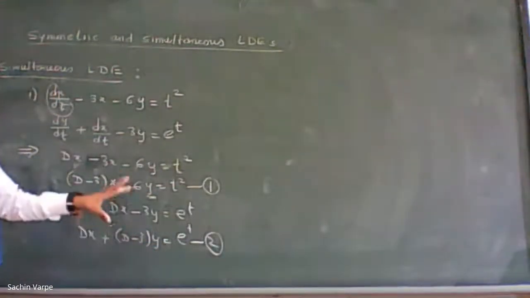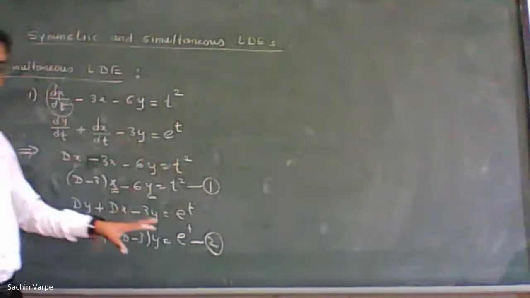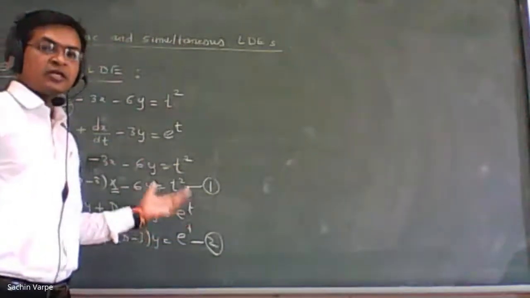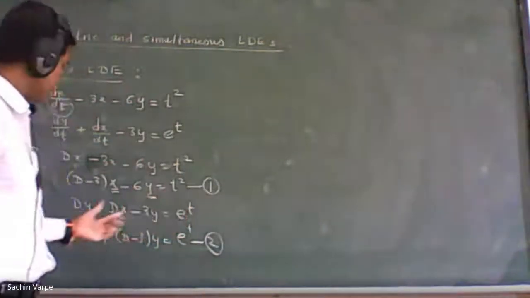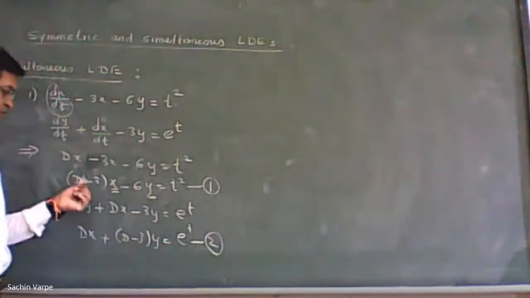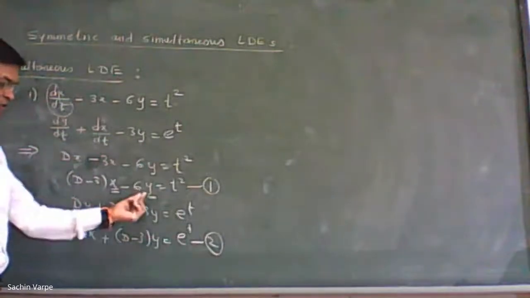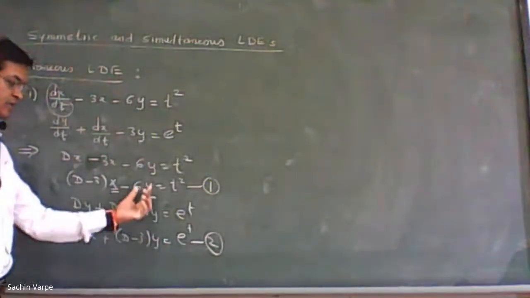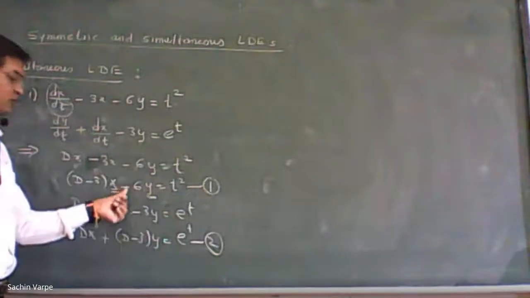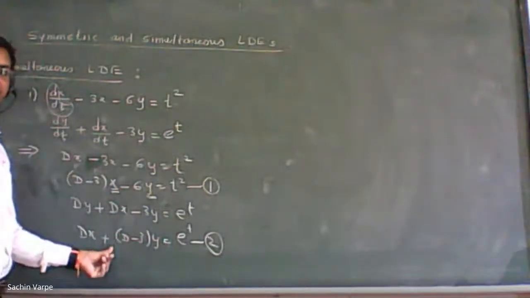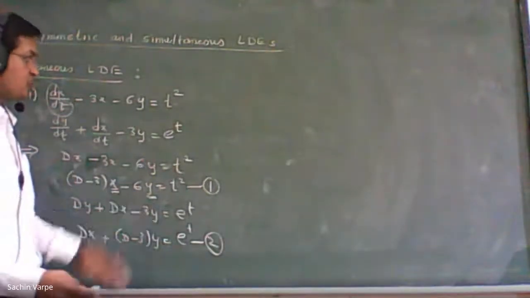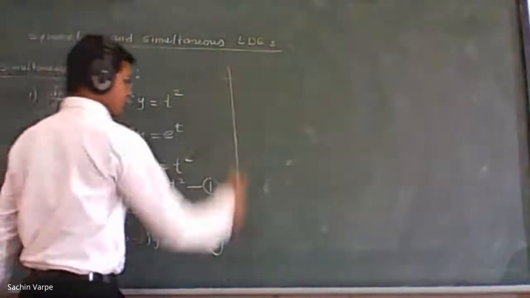So I can use Cramer's rule, or you can use the elimination method also. To eliminate x from these two equations, I have to make the coefficients the same, and then I'll subtract. Or if I want to eliminate y, then I'll make the coefficients the same and add, because here it is minus and here it is plus. So the choice is yours. I'm going to apply Cramer's rule.